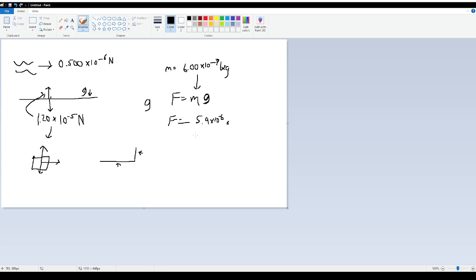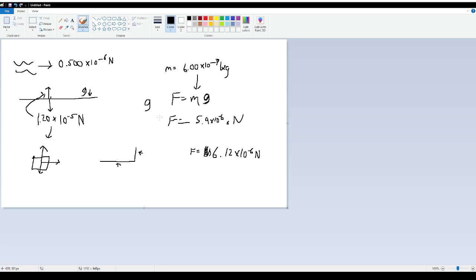So when we combine these, our final vertical force equals 1.2 times 10 to the negative 5, subtracting the gravitational force, which gives 6.12 times 10 to the negative 6 newtons.